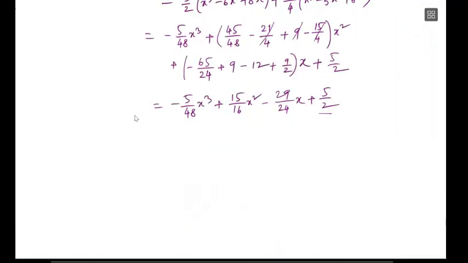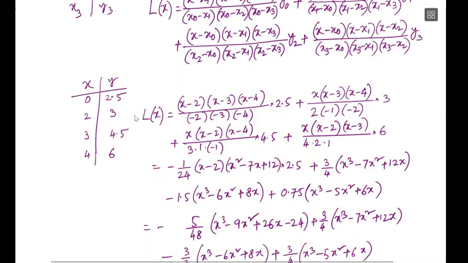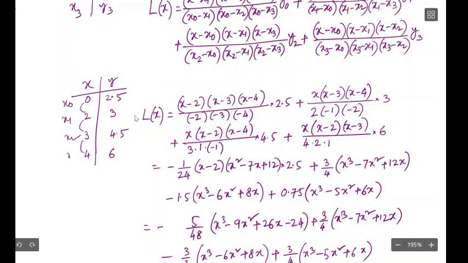Now, one thing you may note, these differences. x0 was 0, x1 was 2, x2 was 3, and x3 was 4. The difference between x1 and x0 was not same as x2 and x1.